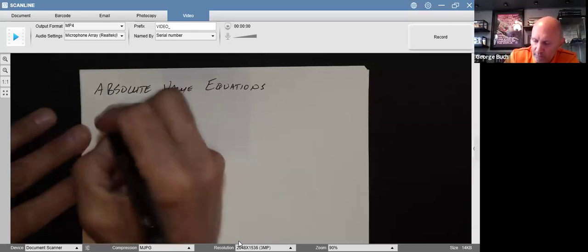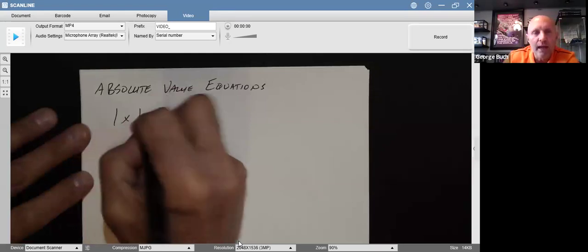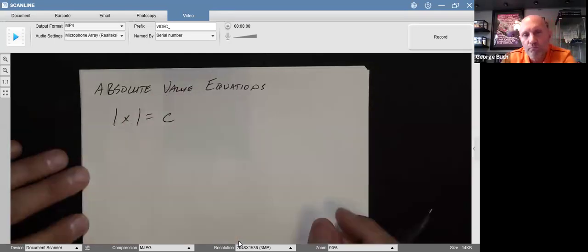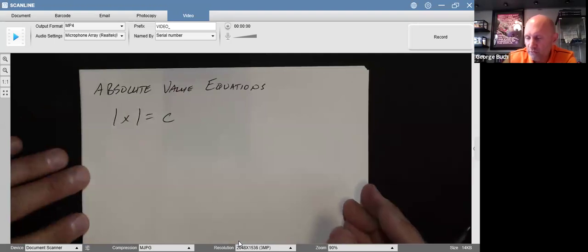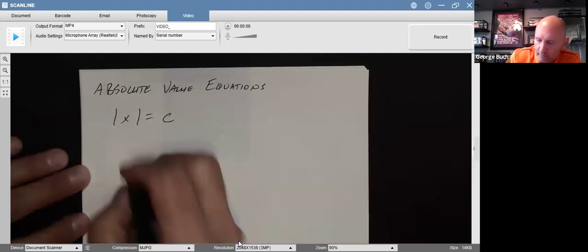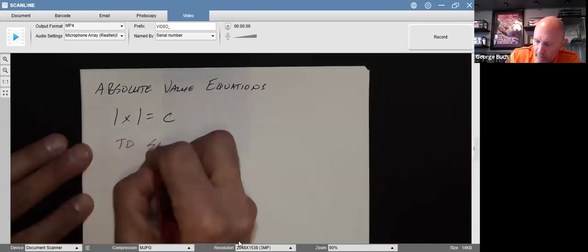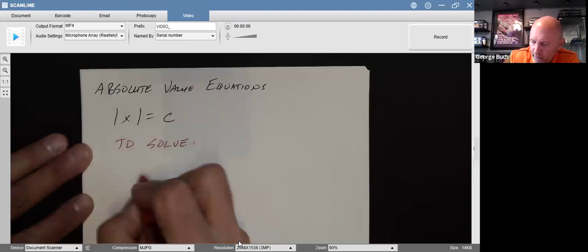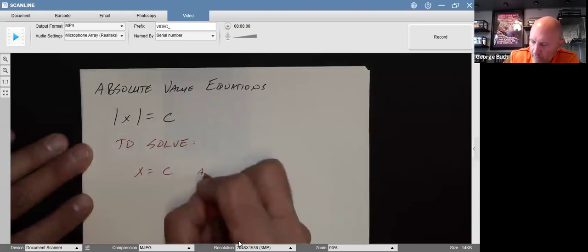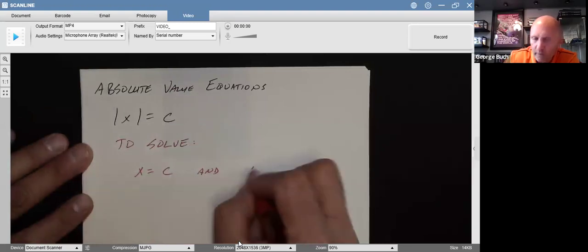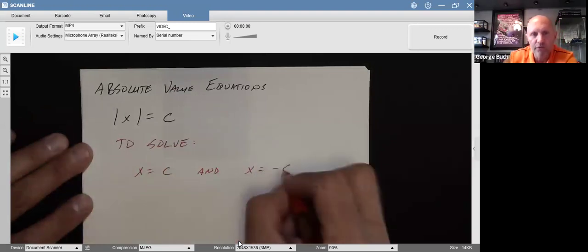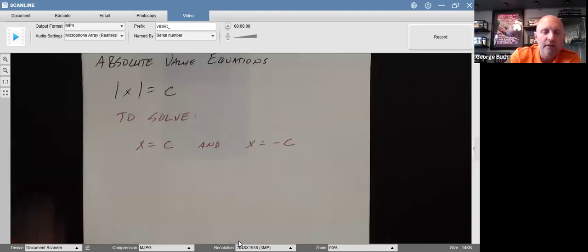So if I have some absolute value is equal to a value C to solve this, I say x equals C and x equals -C. And then solve those two equations, and the values I get for x are my answers for that absolute value equation.